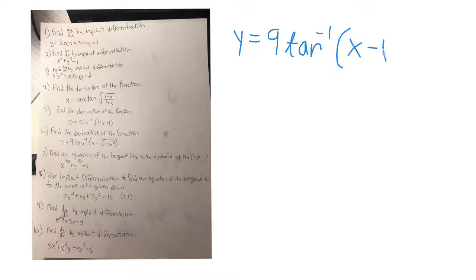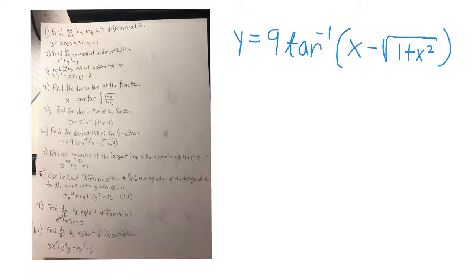All right, next one says 9 arctan of that. All right, so I can see this one's going to be just a lot of fun. So y equals 9 arctan of this one.